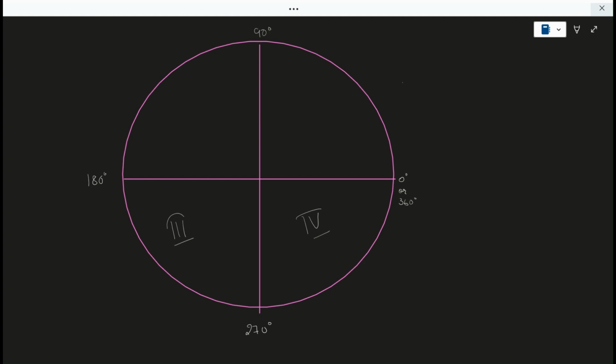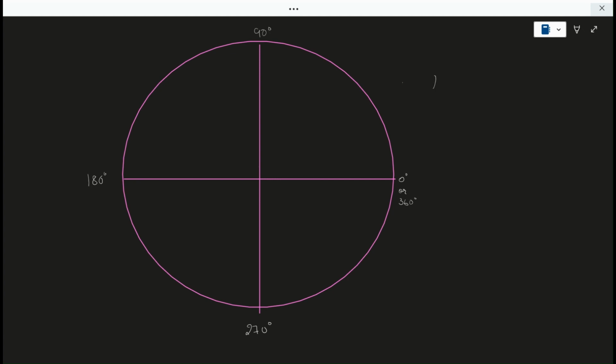And since the circle is 360, we easily divided it into four equal parts of 90 degree.